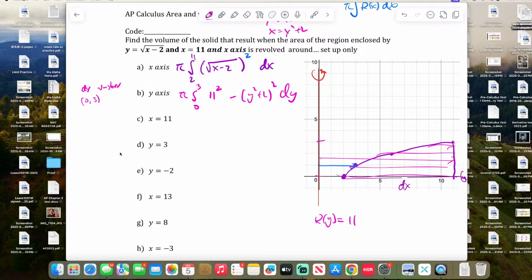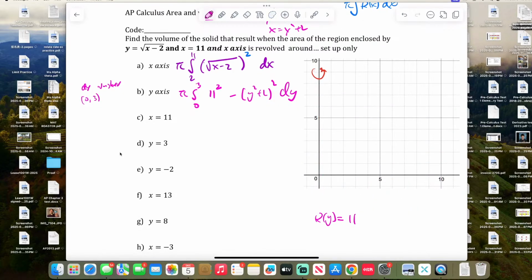Okay, so x equals 11. So x equals 11, Nizar, is that a disk or a washer if x equals 11? Is it a disk? Yeah. So now I'm going to redraw this. Pay attention.